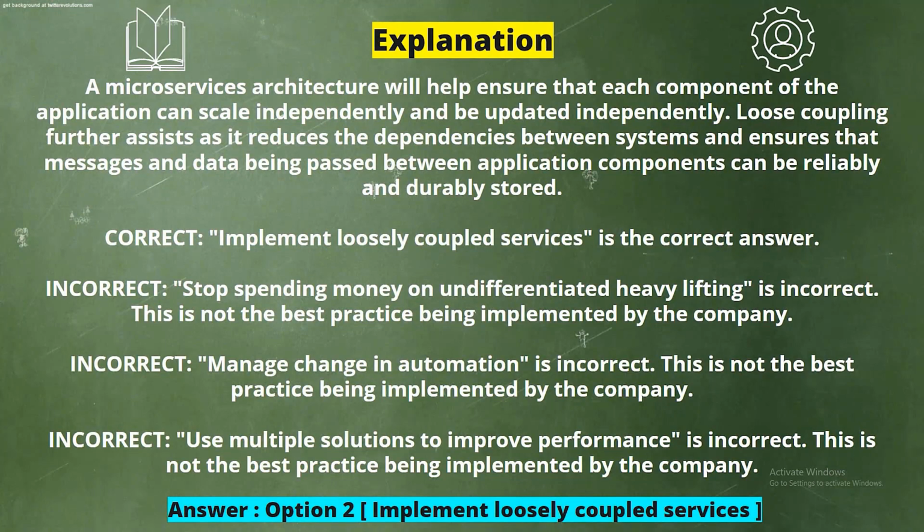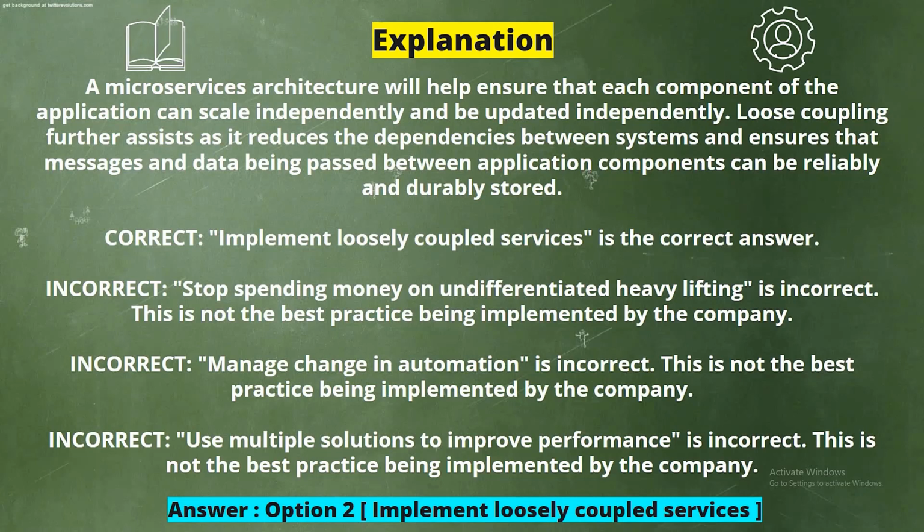Explanation. A microservices architecture will help ensure that each component of the application can scale independently and be updated independently. Loose coupling further assists as it reduces the dependencies between systems and ensures that messages and data being passed between application components can be reliably and durably stored. Correct, implement loosely coupled services is the correct answer.